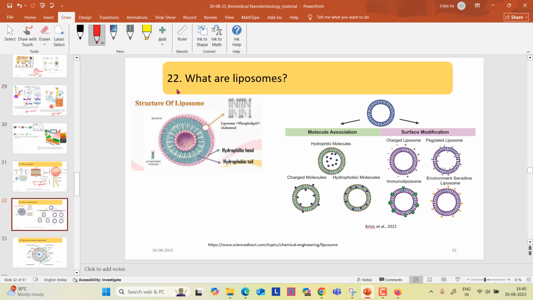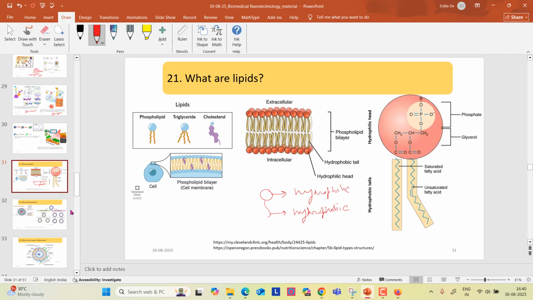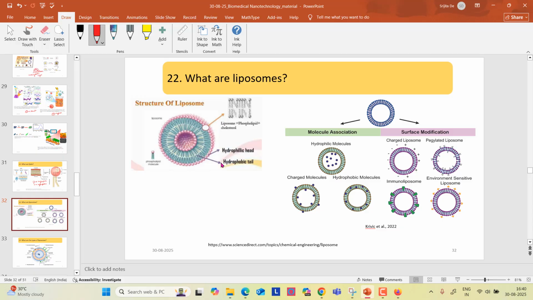Next is liposome. This is a small spherical vessel of the same phospholipid bilayer. The structure is the same, but it has two layers around the aqueous medium.